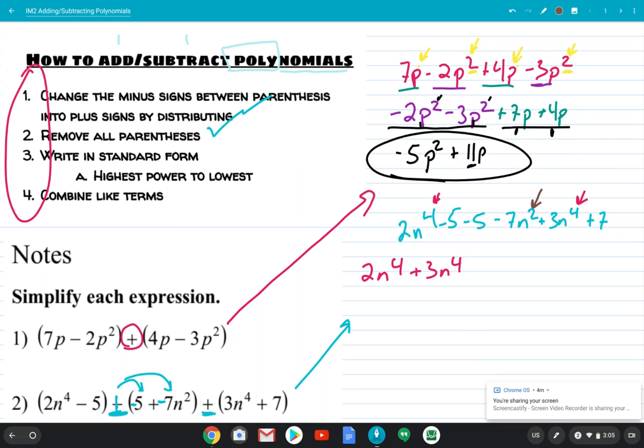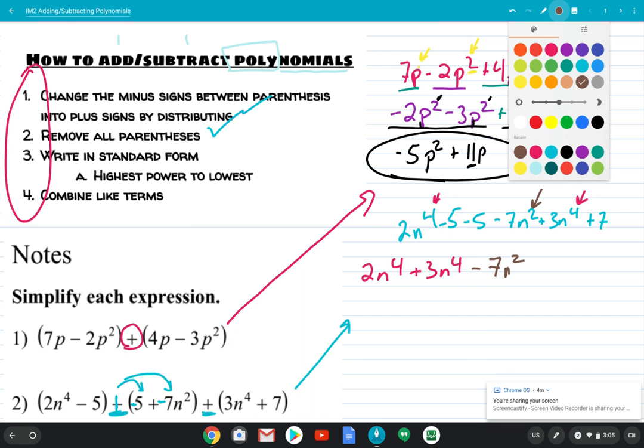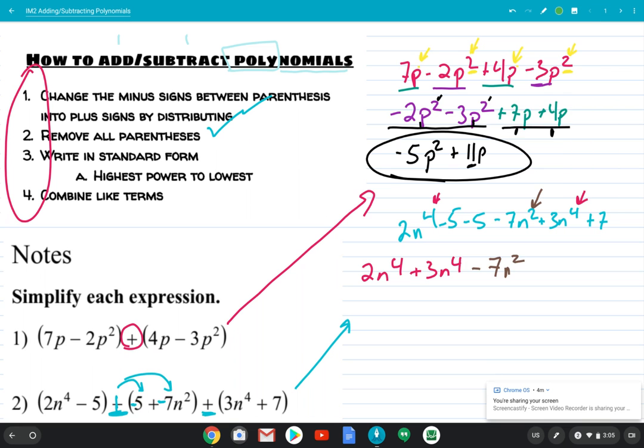I got one right there. Minus 7n squared. There's no other n squared, so how about 1 power? No, I don't see any, but these guys all have 0 n's, so that means n to the 0 power. So I'm going to write them next. Minus 5 plus 7. Okay, I've written them.